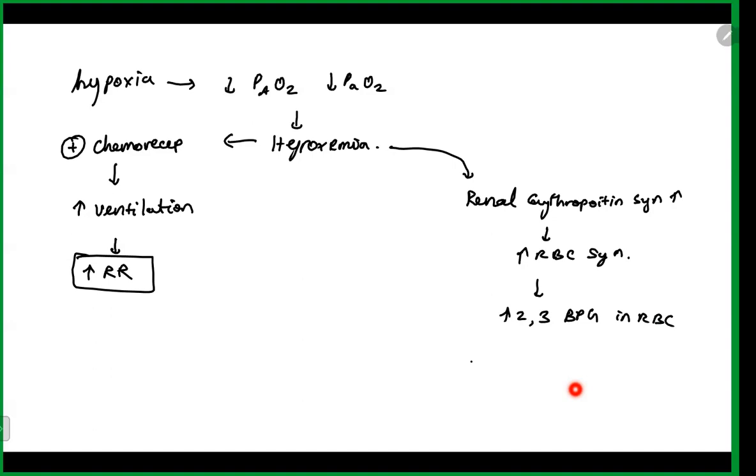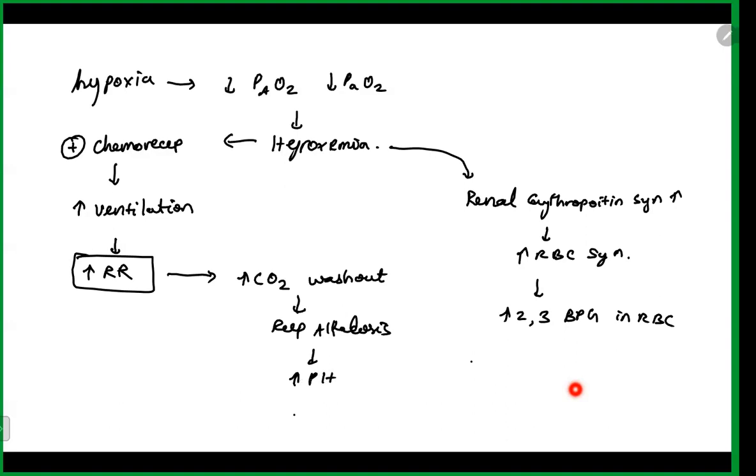And what happens? Whenever there is an increase in the ventilation and respiratory rate, that is going to cause more carbon dioxide washout. So more carbon dioxide is going to get out now. That will cause respiratory alkalosis. What is alkalosis? Respiratory alkalosis. That is going to cause an increase in the pH.